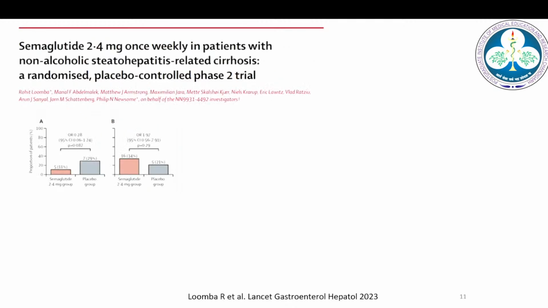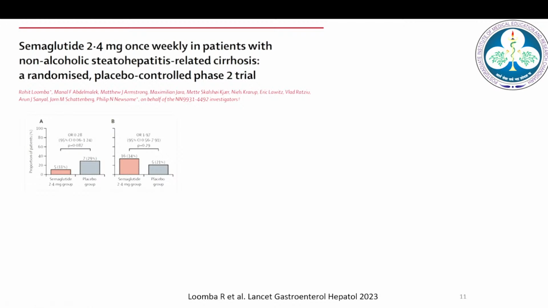So what you have now is a drug called semaglutide, which is a GLP-1 agonist, as I said, and there's phase 2 data where it has been shown to be useful in NASH. There is a phase 3 study going on, but this is a very recent study from Rohit Loomba's group where they have used semaglutide 2.4 milligram once weekly in NASH-related cirrhosis.